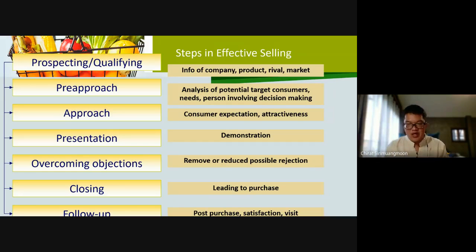What do you need more? So that is the post-purchase. Or sometimes satisfaction: make sure that you measure the satisfaction with the product or service. And sometimes the salesperson might revisit the company that made the purchase too, in order to keep the connection and build the relationships.